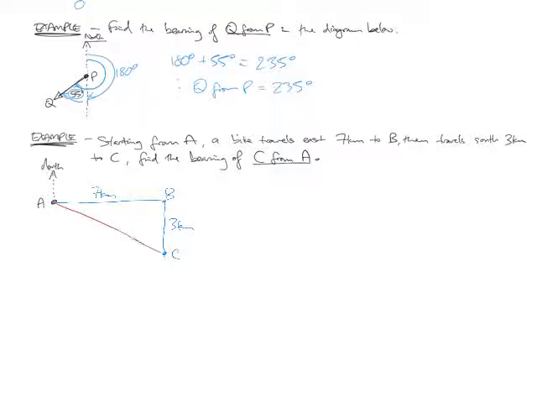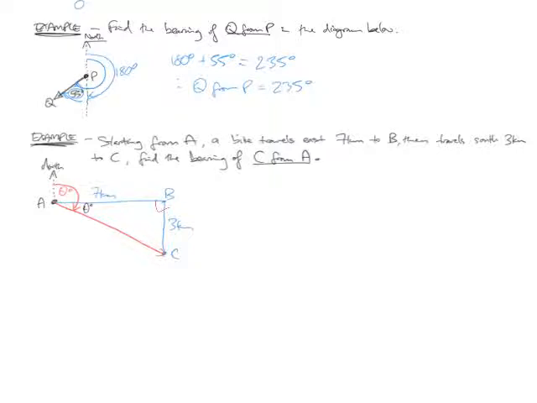So it's really asking what that angle there is. But to find that, we're going to need to work out, because that's not this shape here. This is not a right angle triangle. We have a right angle triangle here. So we need to work out what this theta is, because that's in the right angle triangle, before we can work out what the overall bearing is.